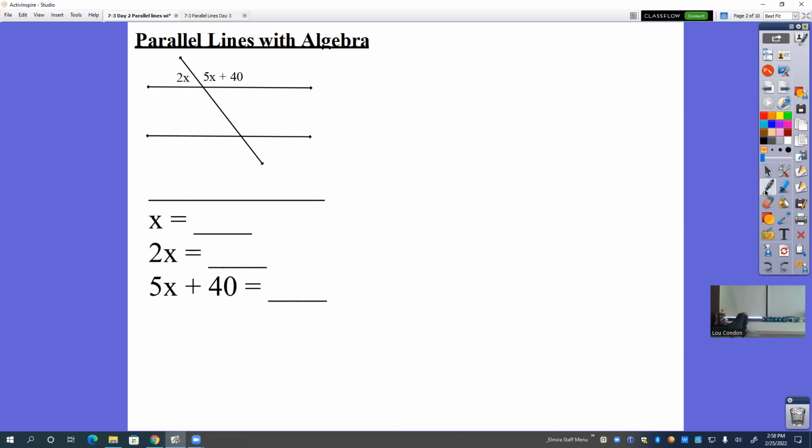So, first things first, we know that these two angles, yes, there are parallel lines, but these two angles are supplementary angles. Therefore, they add up to 180. So 2x plus 5x plus 40 equals 180 degrees.